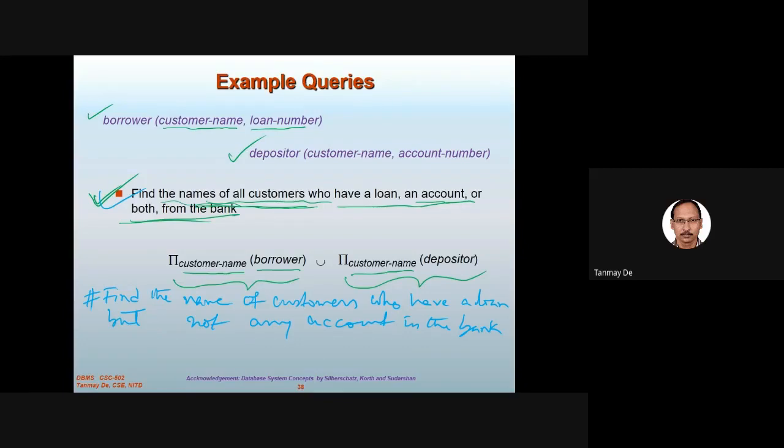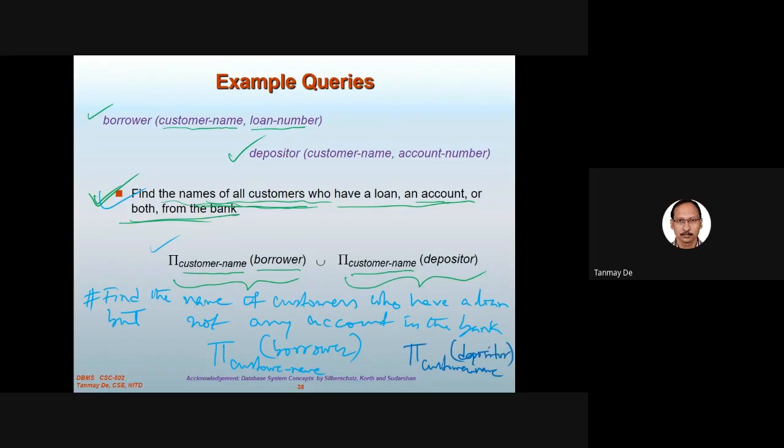We find the list of customer names from borrower, and the list of customer names from depositor.